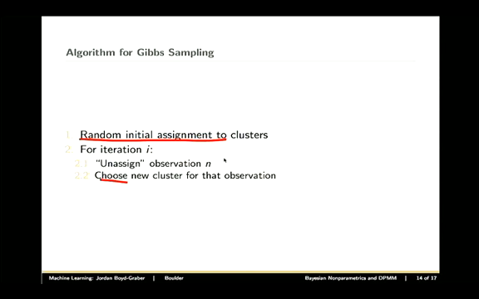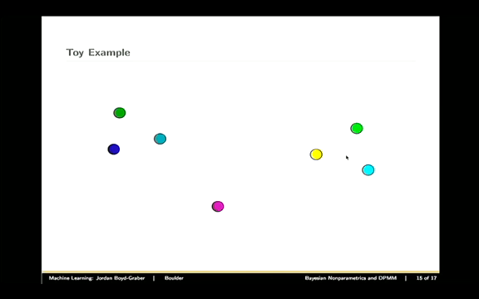The reason that we're unassigning it is because the math for Gibbs sampling says that you want to compute the probability of z_i conditioned on everything but z_i. And that is equivalent to basically pretending that this point doesn't exist, and then computing the conditional probabilities of this guy conditioned on all the others.